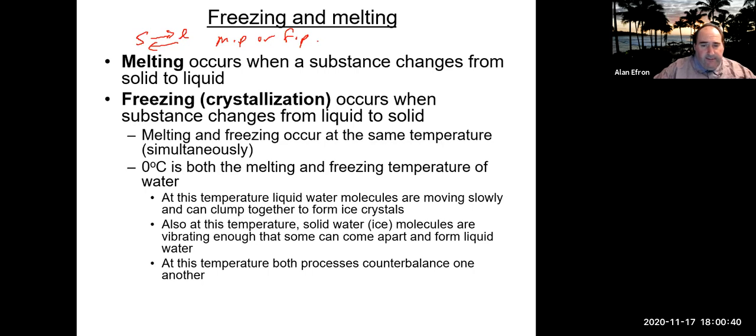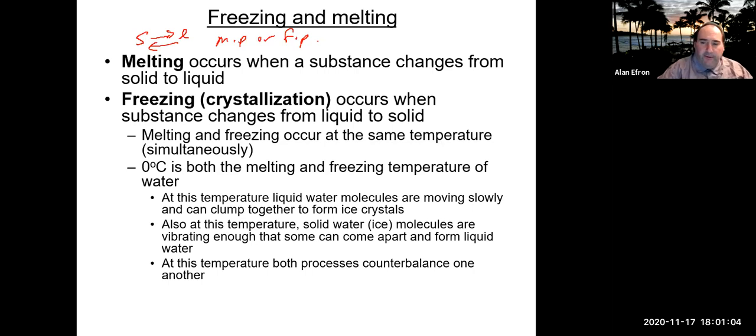And again, melting occurs when the molecules gain enough energy to get away from each other and break apart. Freezing is the opposite effect. When they release enough energy, they no longer can come together. Again, at 0 degrees Celsius, we have both phases in effect.